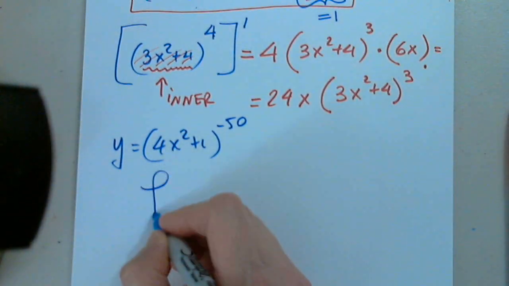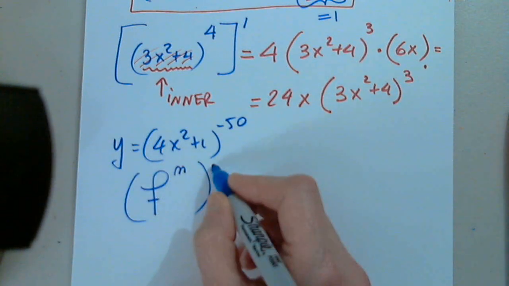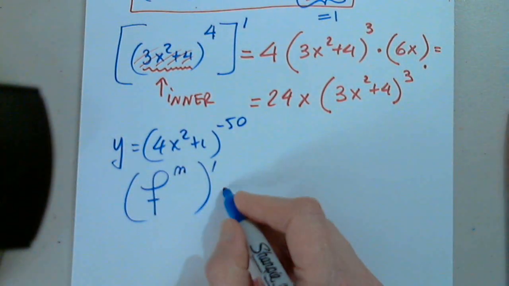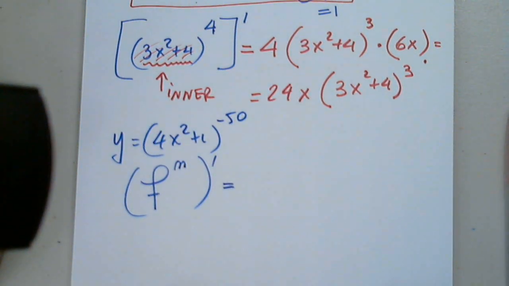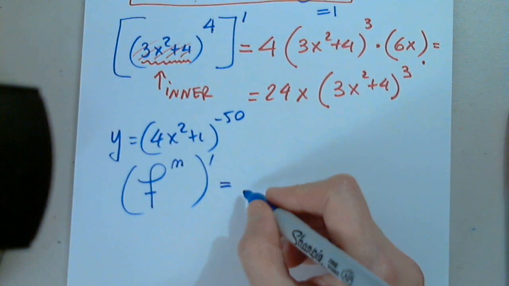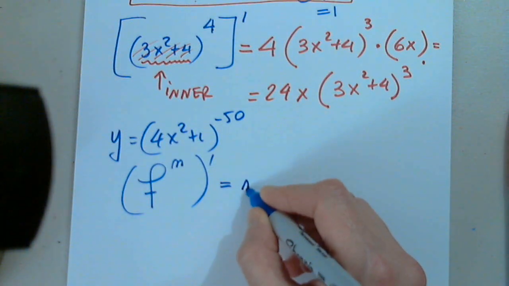So if a function, any function, raised to power n, needs to be differentiated, we want to find the rate of change of this function. Can anyone dictate? It's okay if you're wrong. Will that be negative 50?